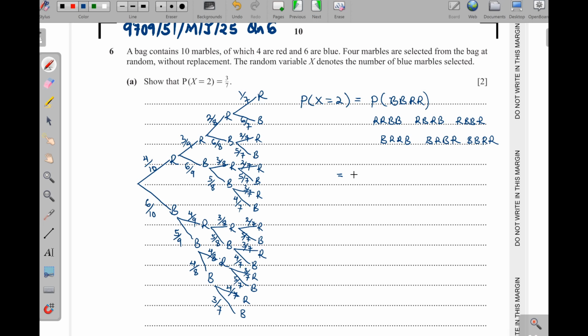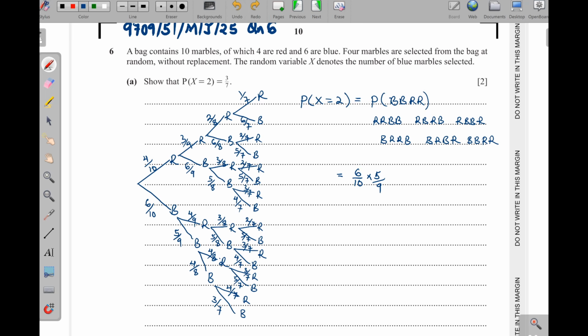So that means we are going to have, first of all, now to avoid all of this, you can look at blues. The rate of picking a blue first here is 6 over 10. So whether you pick the blue on the second time, or on the third, or on the fourth, the next probability of you picking a blue will be 5 over 9. So blues reduced by 1.